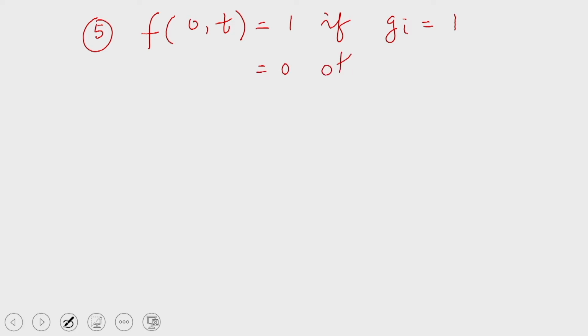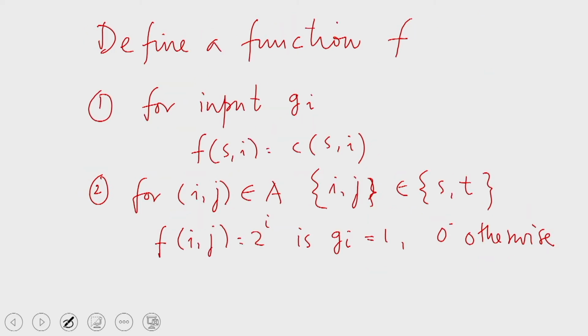And finally, we define f of 0t as 1 if gi equal to 1, as 0 otherwise. So this is the definition of a function. So we have defined a function f in this manner.